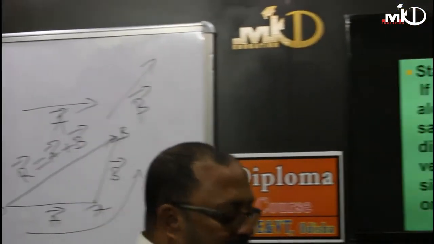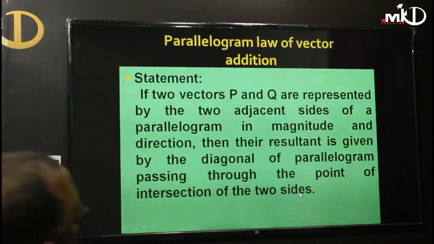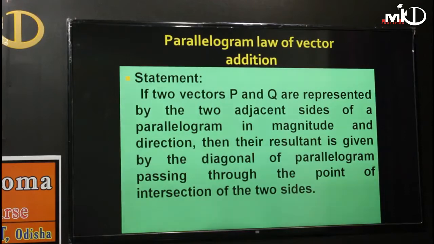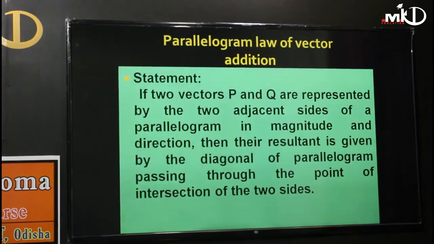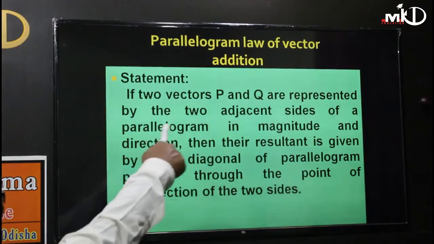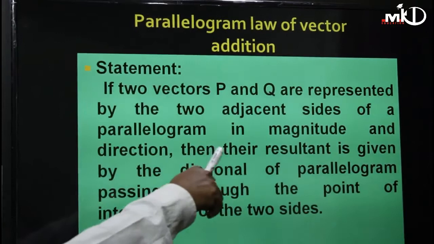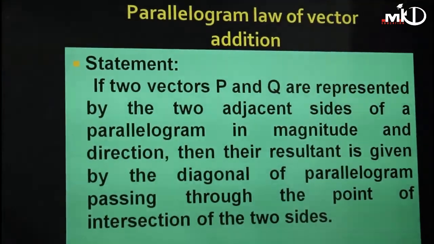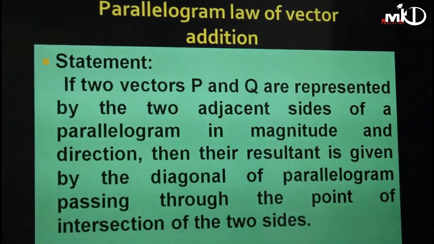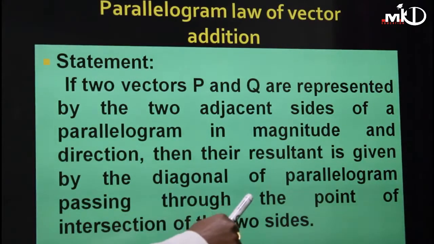Next, we will switch over to another law of vector operations, that is the parallelogram law of vector addition. As per the statement of the law, if two vectors P and Q are represented by the two adjacent sides of a parallelogram in magnitude and direction, then the resultant is given by the diagonal of the parallelogram passing through the point of intersection of the two sides.